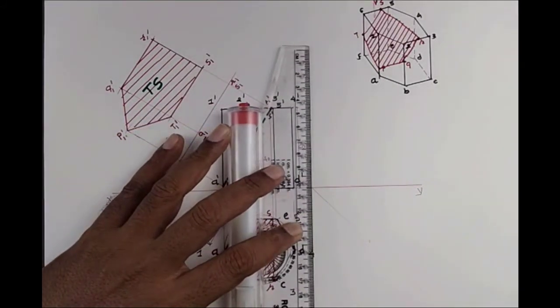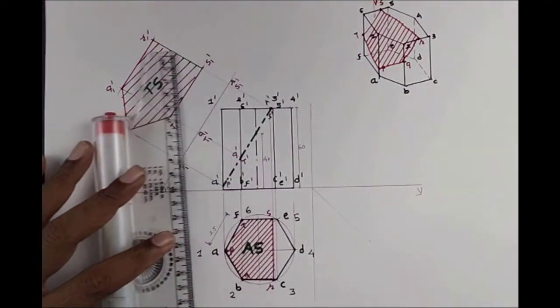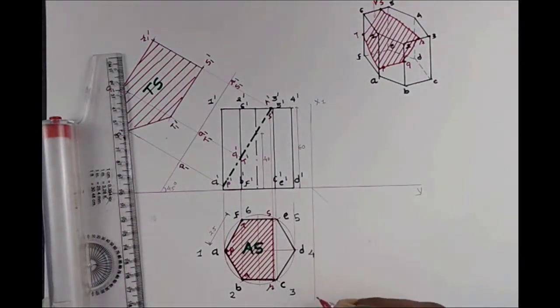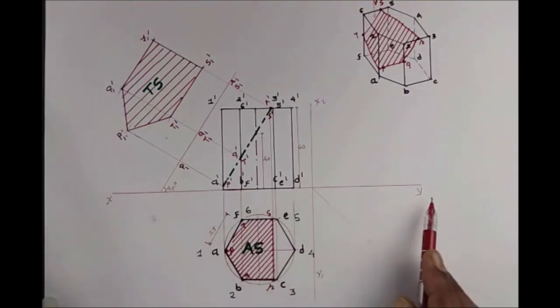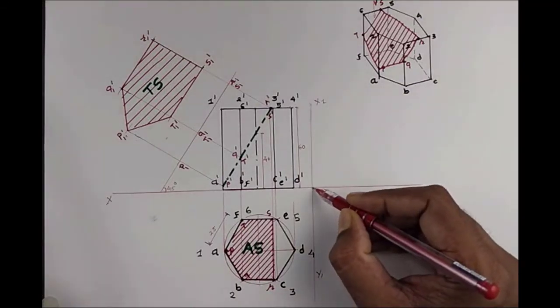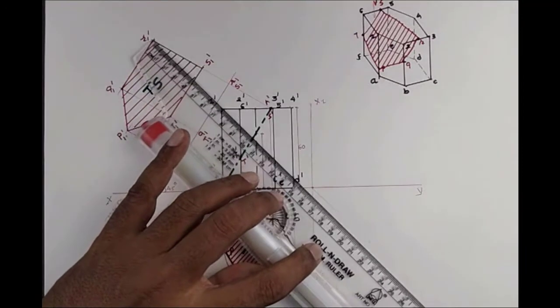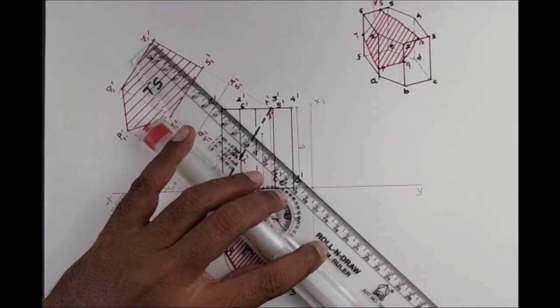So I make one X1Y1 line, and at the intersection point of the XY line and X1Y1 line, I draw the 45 degree projection line with the help of the protractor and scale.